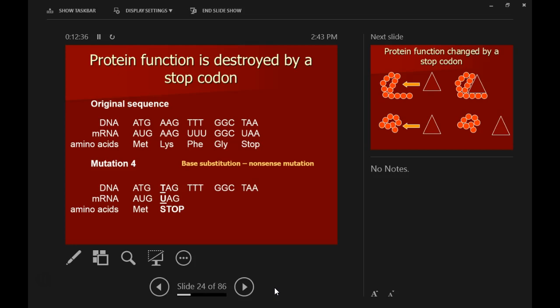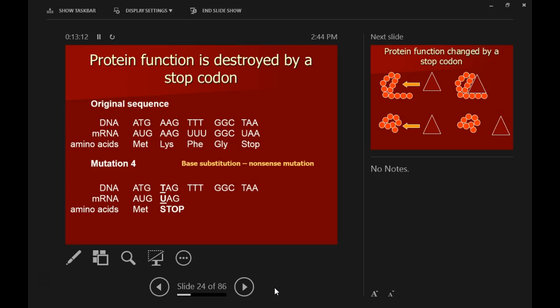Here we have AAG, and you'll notice that we have a base substitution that goes from A to a T. So we've substituted T incorrectly for an A. If you look, it codes for UAG. If you look up on the genetic code, that's going to be a stop. So we end up getting a premature stop. Here's the normal stop. Here's the premature stop.